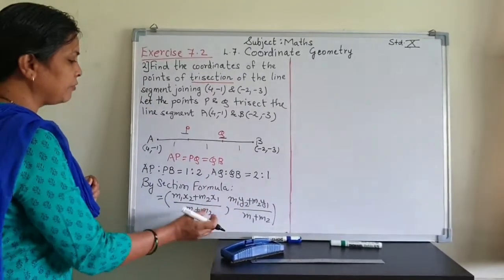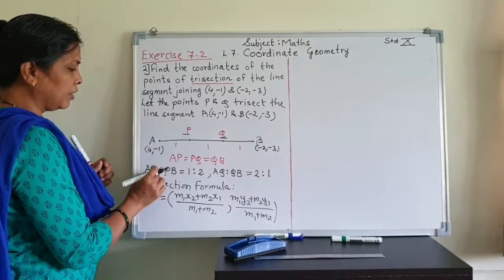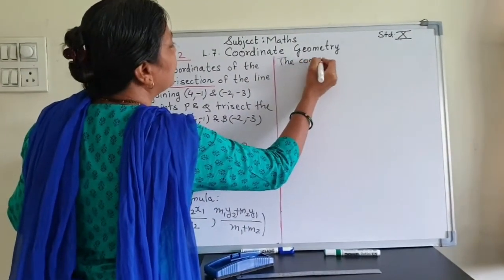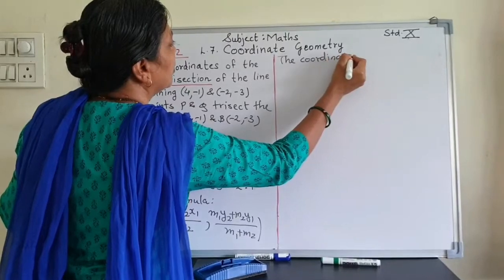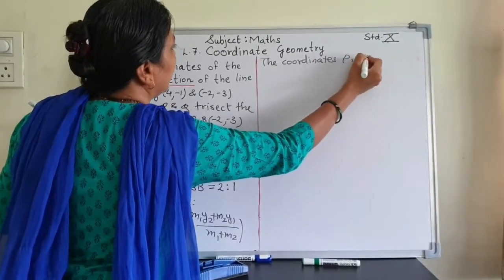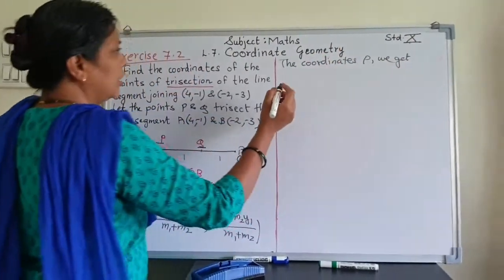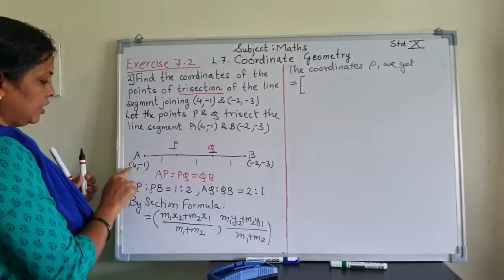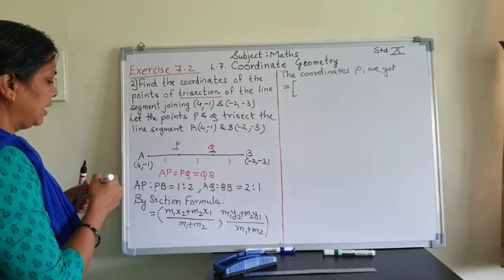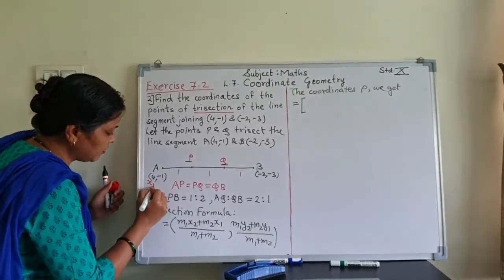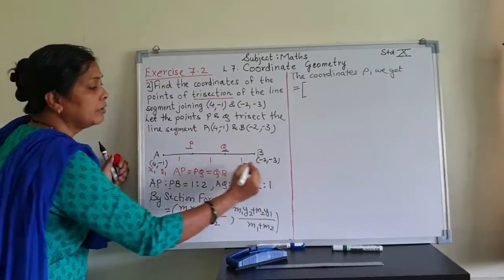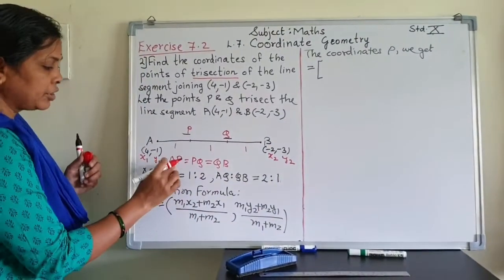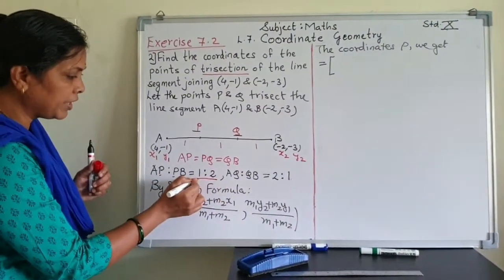Using the same formula, we will find the coordinates of P first. Here we have x1, y1, x2, y2, and the ratio here is 1:2.